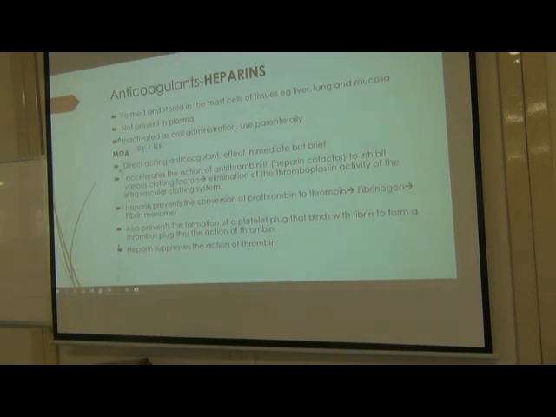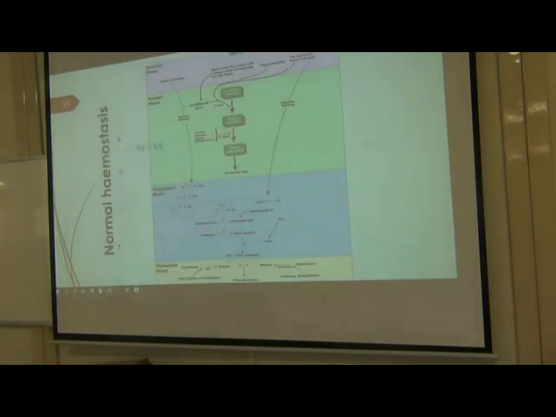Directly stop your coagulation cascade, our normal hemostatic processes like we have here. Heparin directly acts on one of these processes to stop thrombus formation. Remember that thrombus formation is the same as your normal hemostatic process.